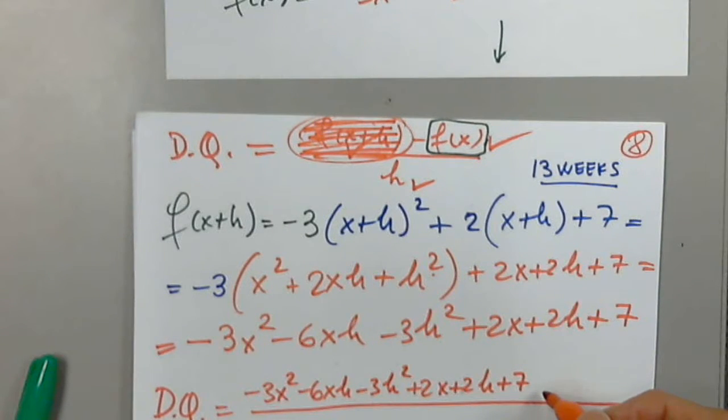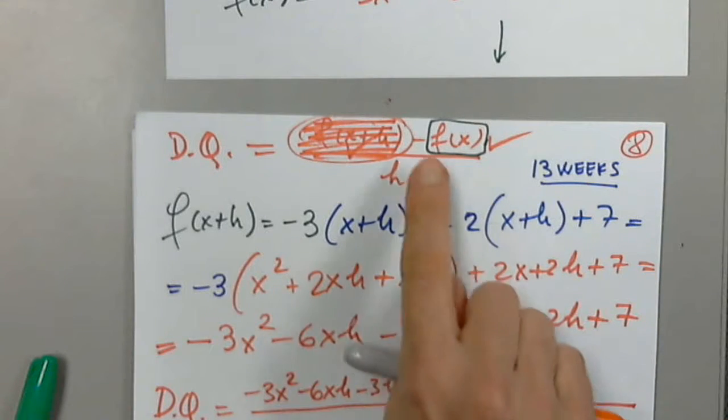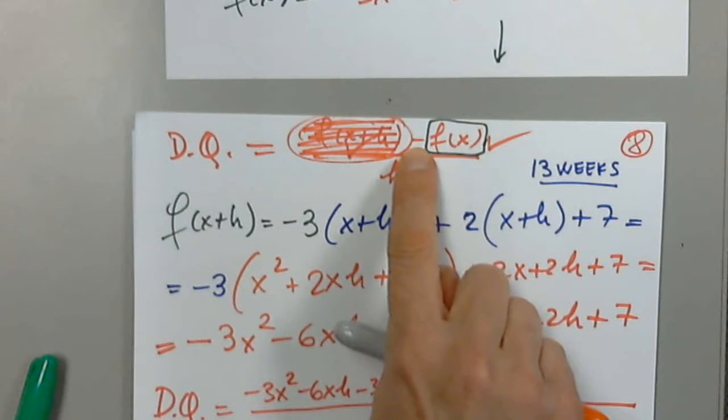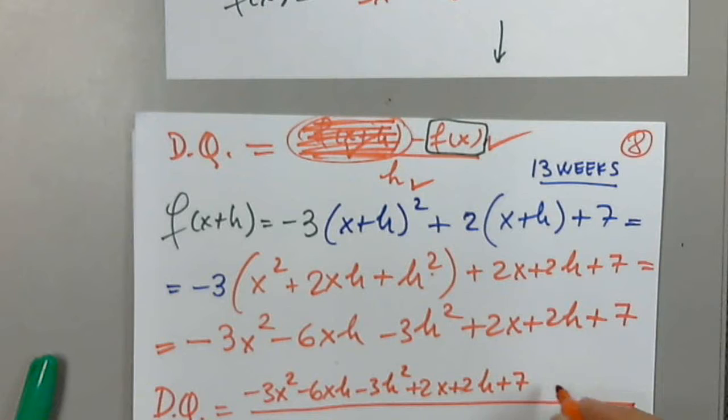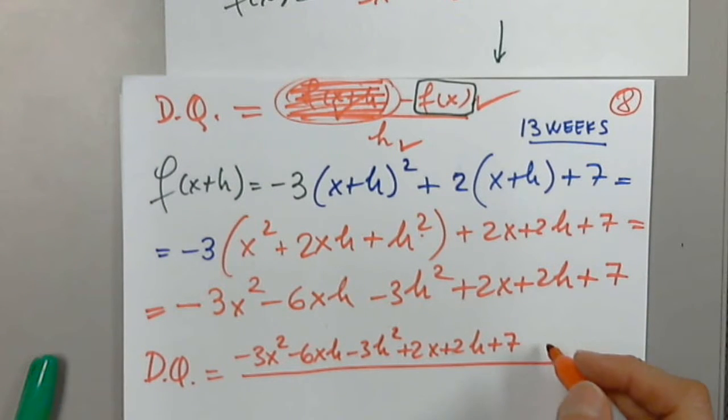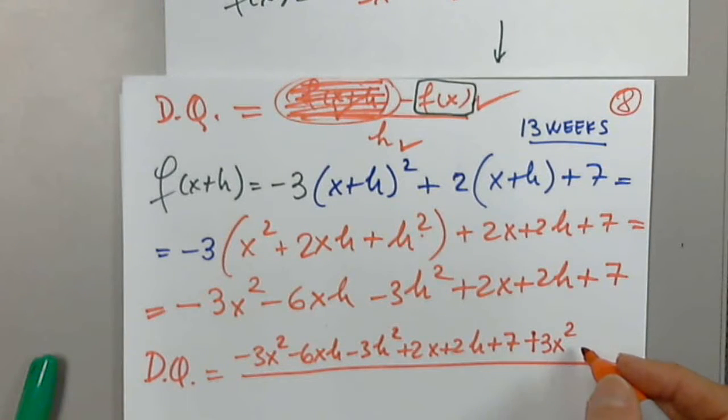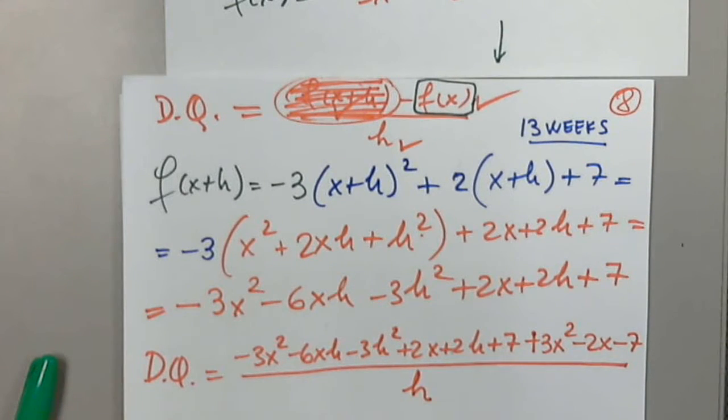Over h. And then minus the original equation. Plus 3x squared minus 2x minus 7, divided by h.